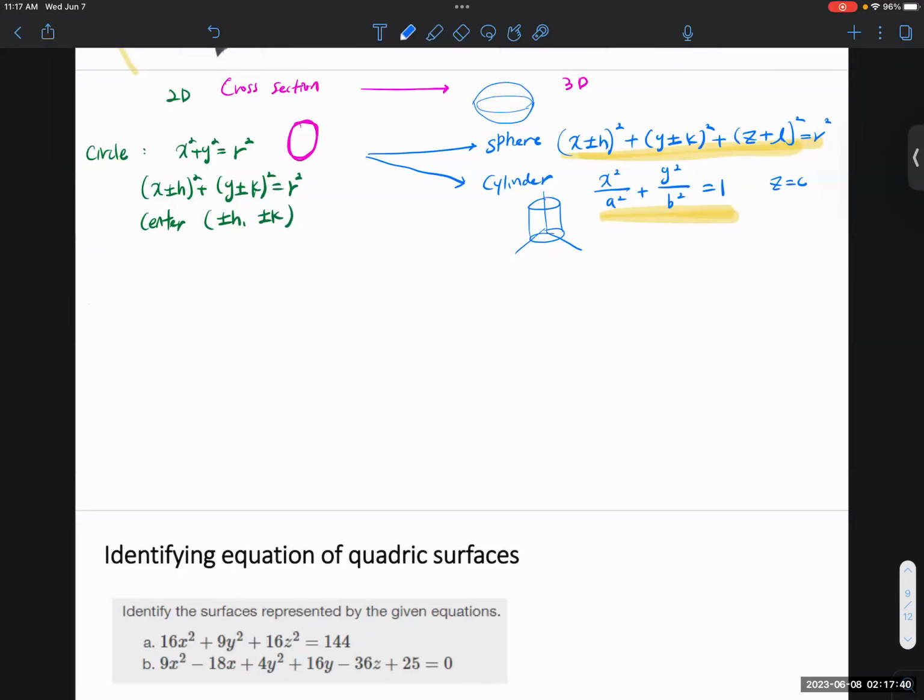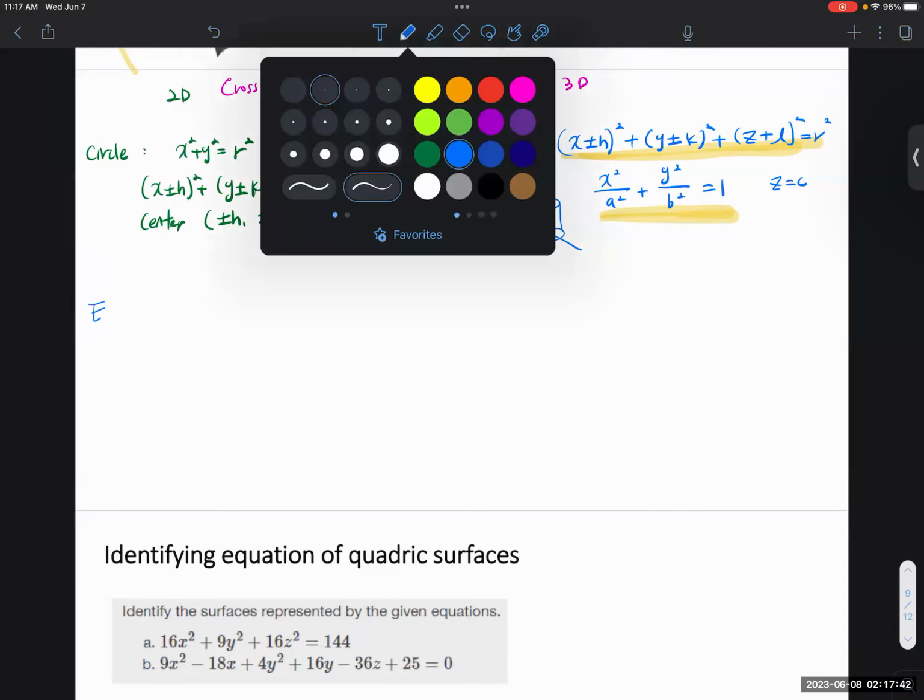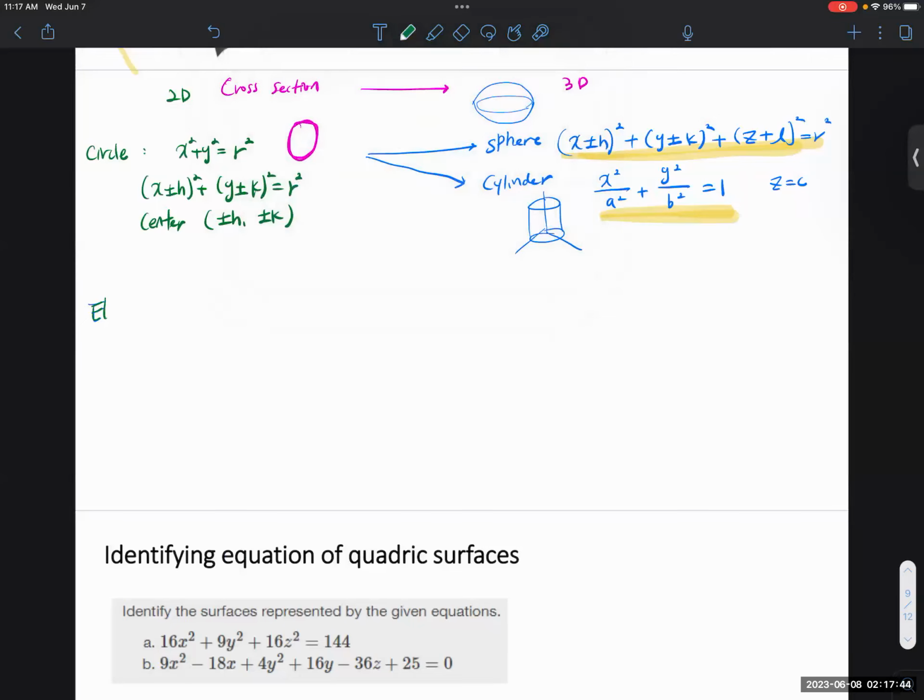What else? We can think about the ellipse. In two dimensions, the ellipse equation is x plus or minus h squared over a squared plus y plus or minus h squared over b squared equal to 1. In three-dimensional space, it is going to have three variables, an ellipsoid.